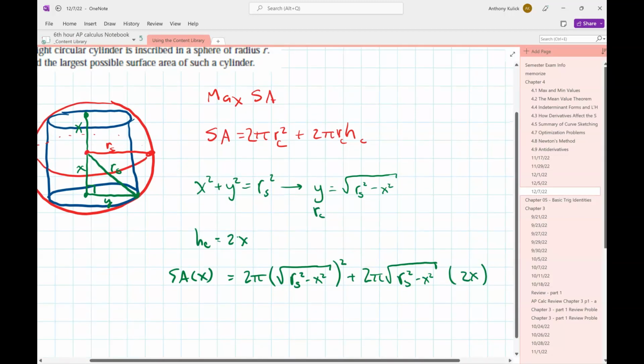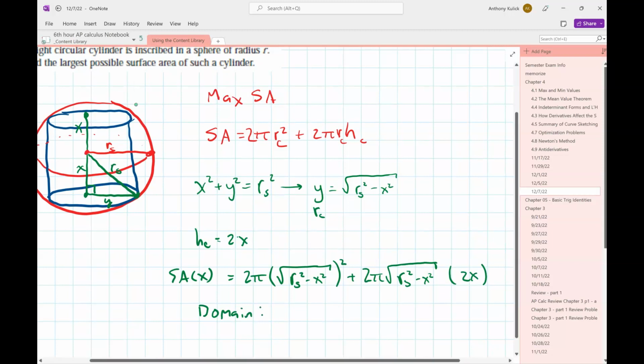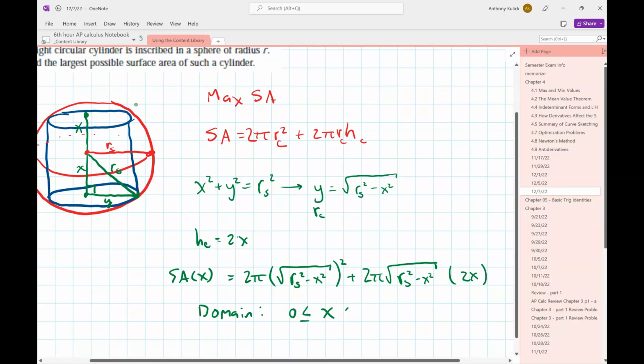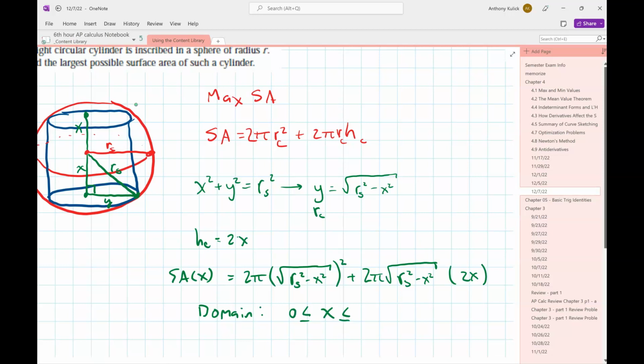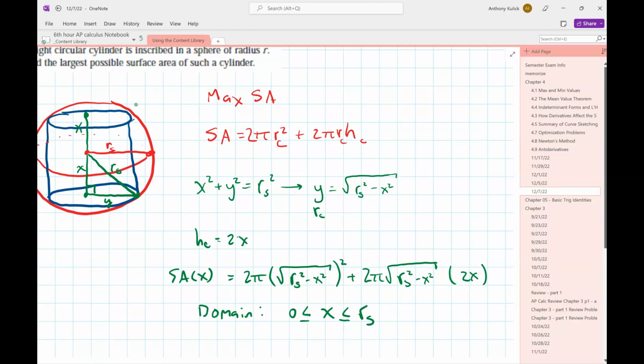What's the domain for this going to be? x would have to at least be larger than 0. And the biggest it could possibly be is r_s, right?